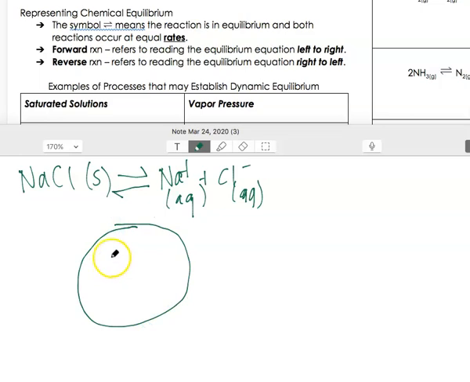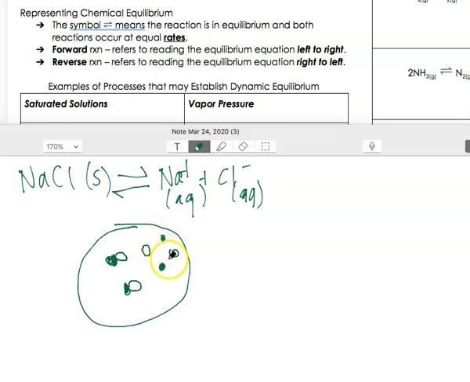So let's say you have some NaCl. Let's represent one circle as Na, the shaded one, and then Cl as this guy. So here are NaCls, you have a bunch of them, and then they start to dissolve, right?